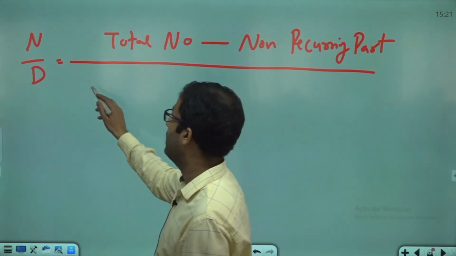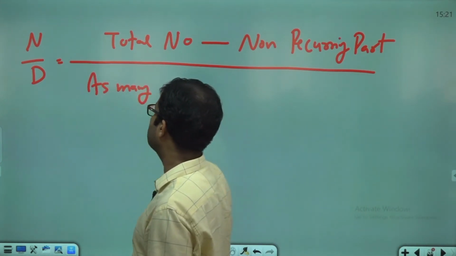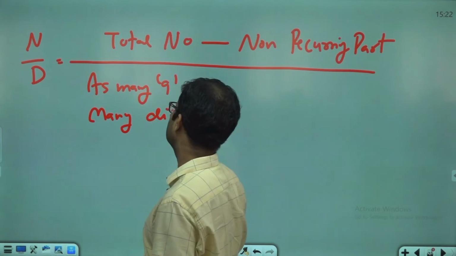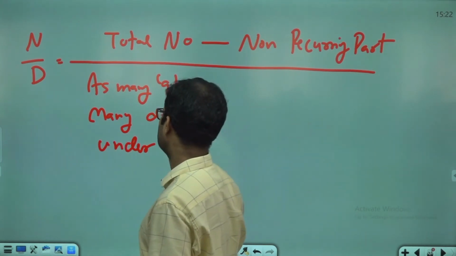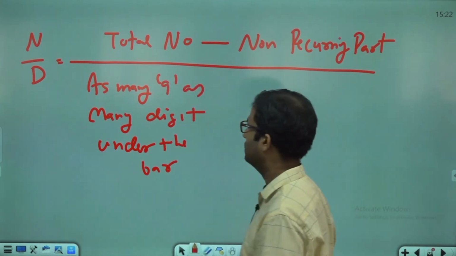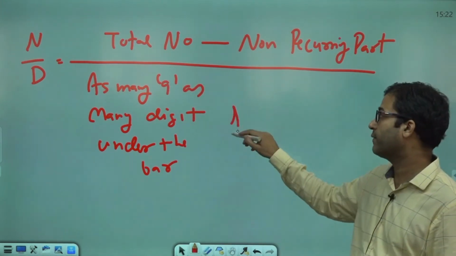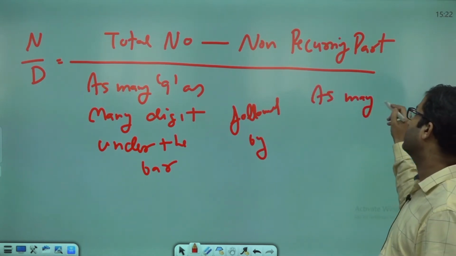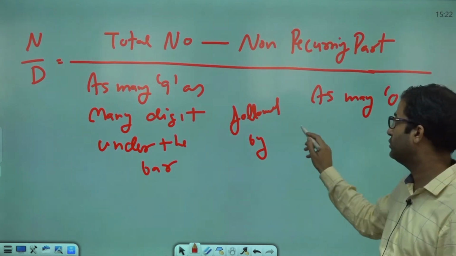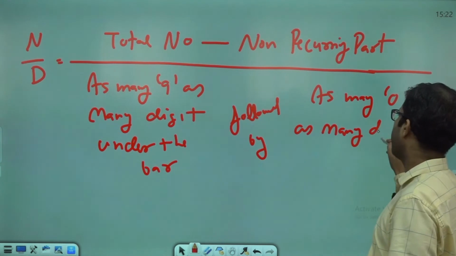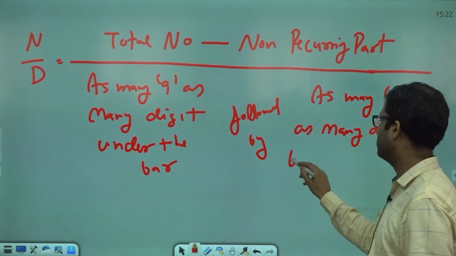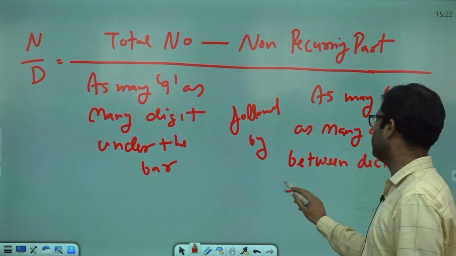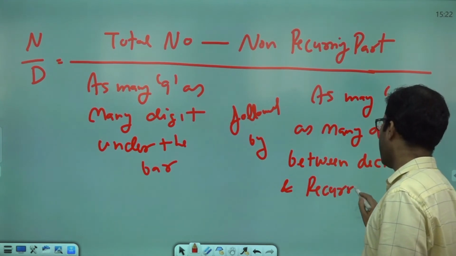Denominator: as many 9 as many digit under the bar, followed by as many zero as many digit between decimal and recurring part.